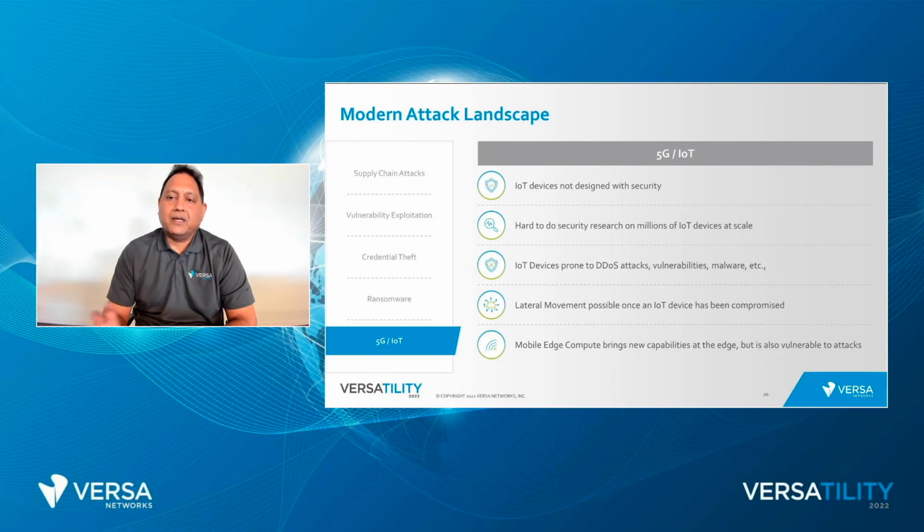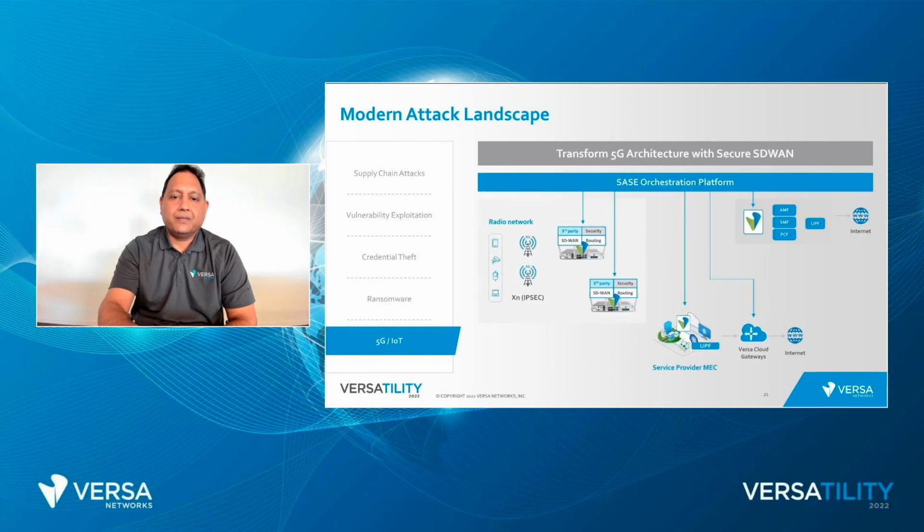But imagine if the mobile edge compute, which has a whole lot more processing power, was compromised. You can imagine the scale of the denial of service attack that an attacker could launch by compromising those mobile edge compute resources.